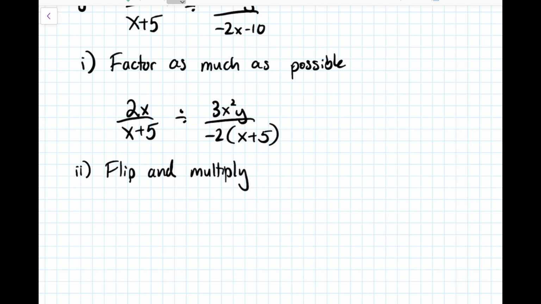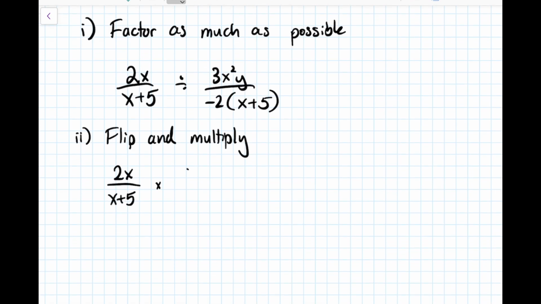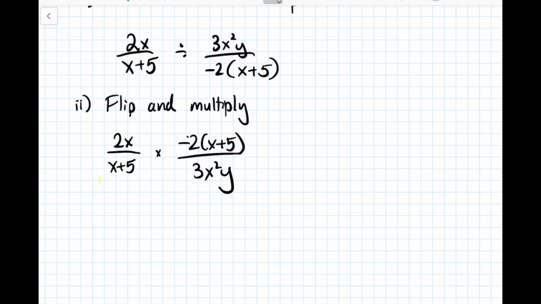So that's going to get us 2x over x plus 5 multiplied by, sorry, not by that, by negative 2 over x plus 5 over 3x squared y. So we've flipped, we've multiplied, and now we're just going to do our multiplication. So we can cancel out the x plus 5s. Not much else we can deal with.